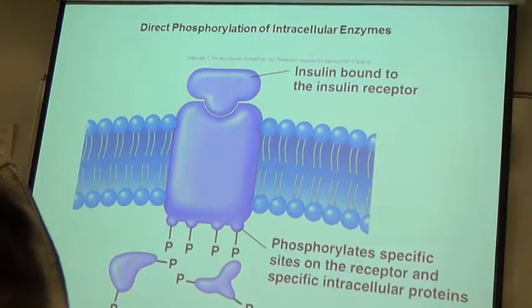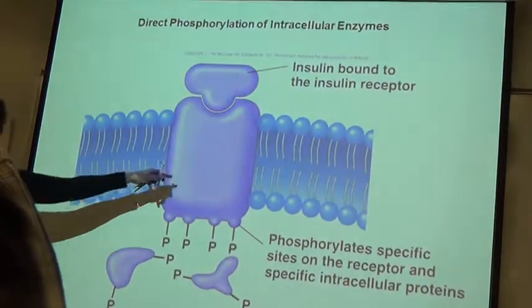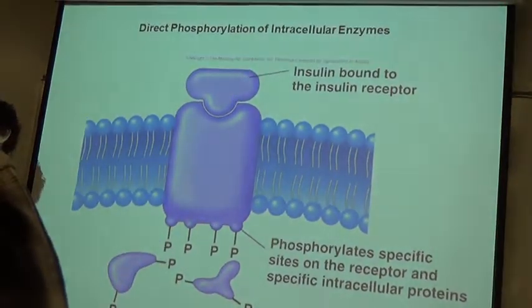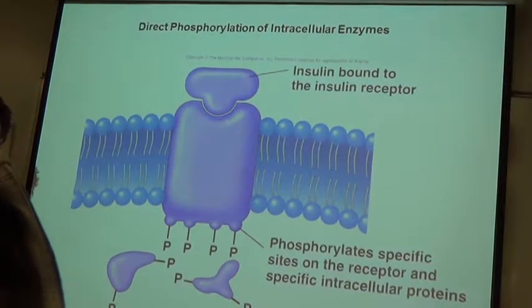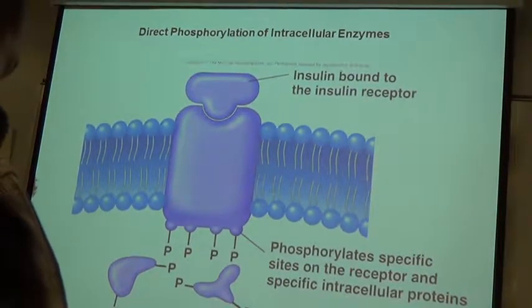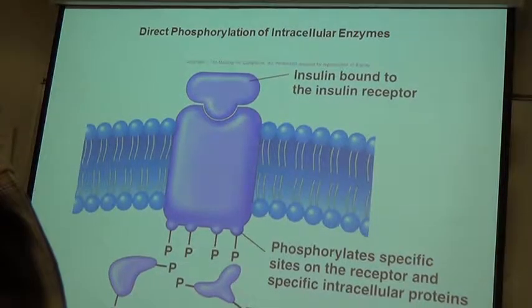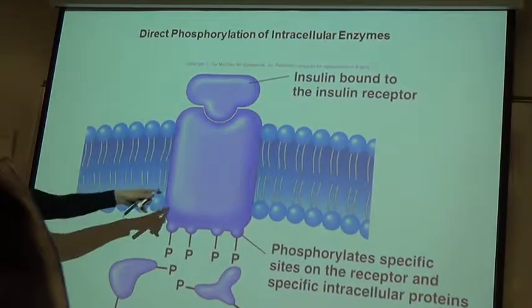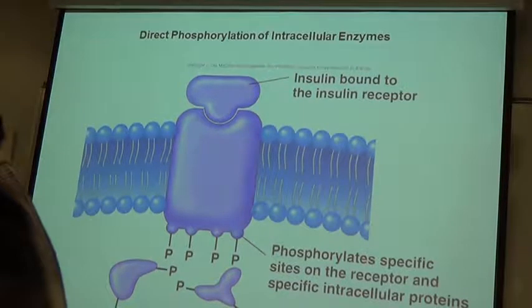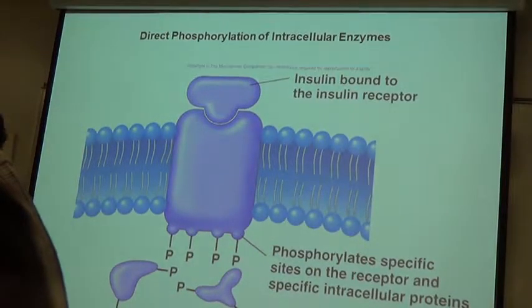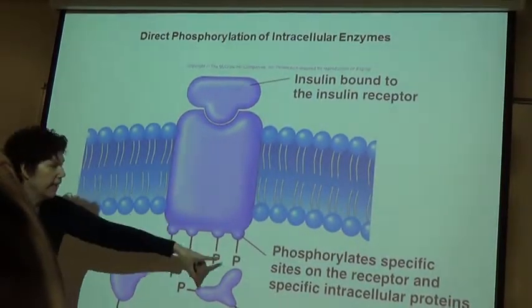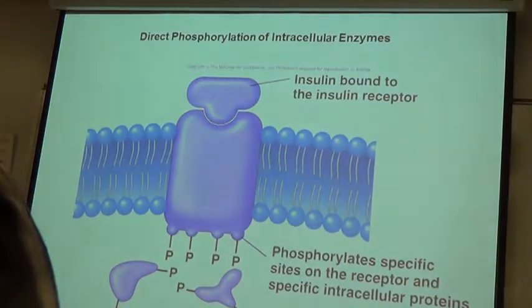And then the second mechanism, what molecule have we gotten rid of here besides the G protein? And the membrane enzyme. What else have we gotten rid of? The receptor itself is acting as what enzyme? It's adding phosphate groups to other molecules.